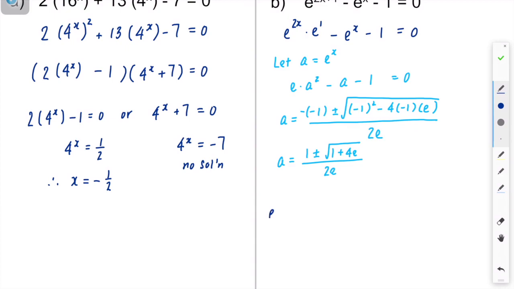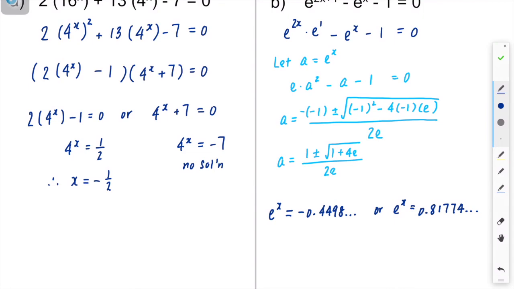So here, e to the x is either equal to negative 0.44986... or e to the x is equal to 0.81774... From your calculator, we know that in order to get x, we need to ln both sides of these two equations.